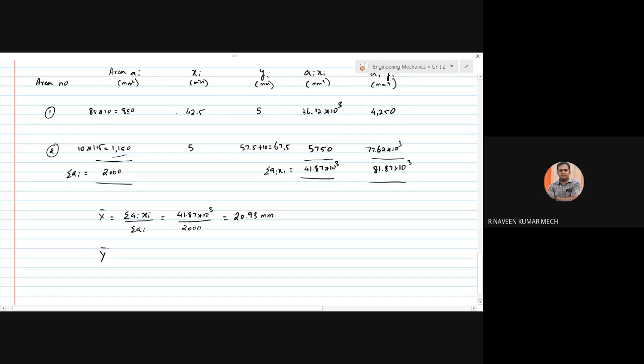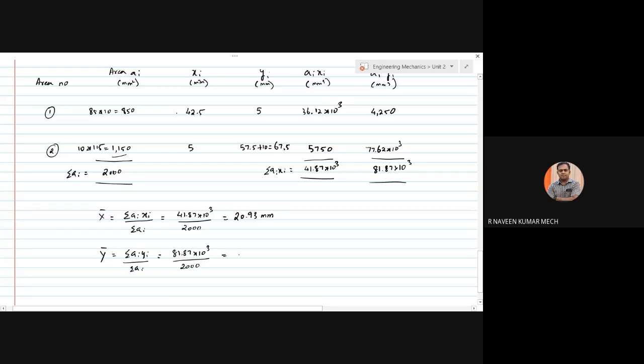Similarly, y bar was equal to summation of Aiyi divided by summation of Ai, that is 81.87 into 10 to the power 3 divided by 2000.